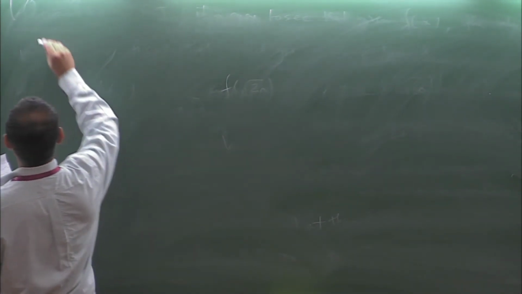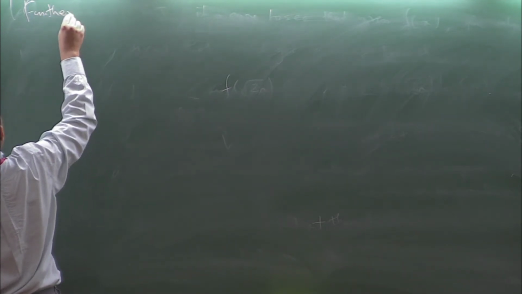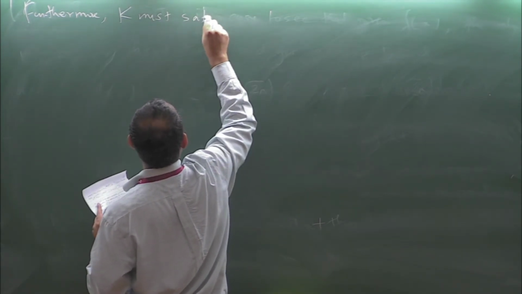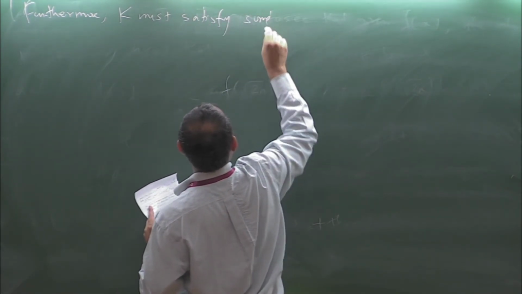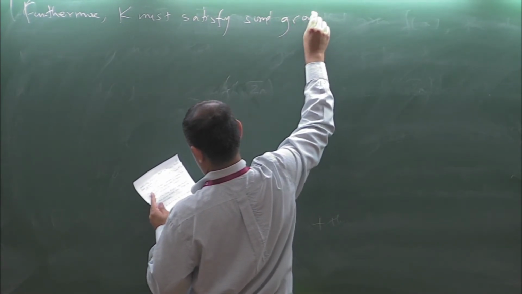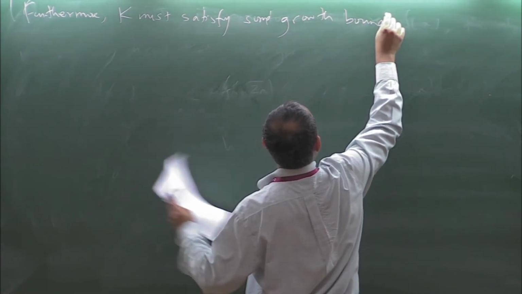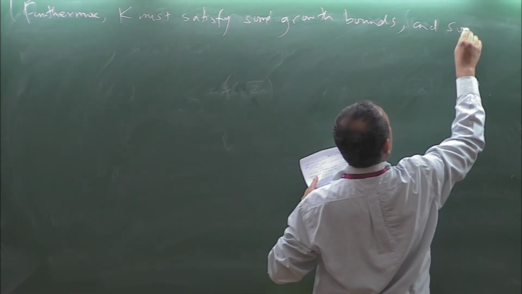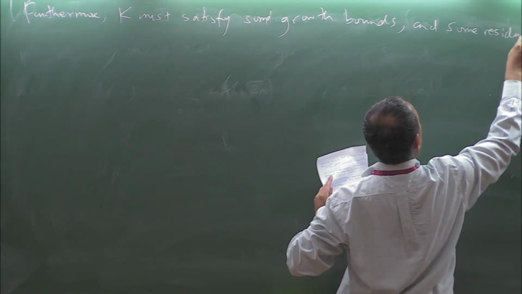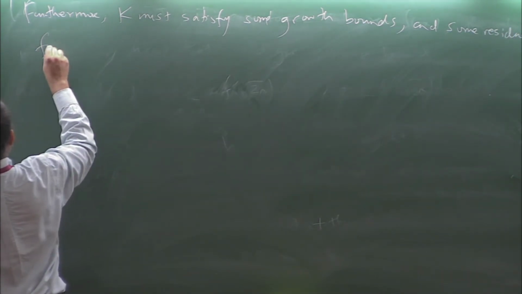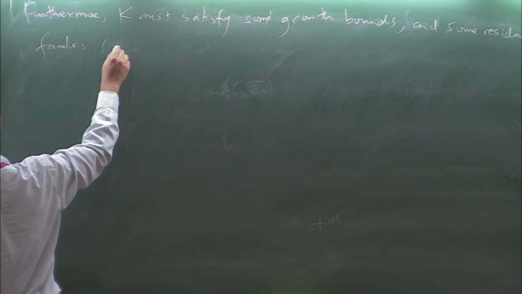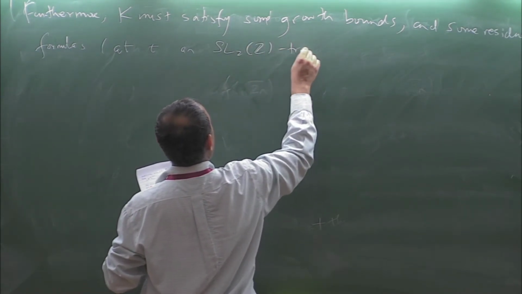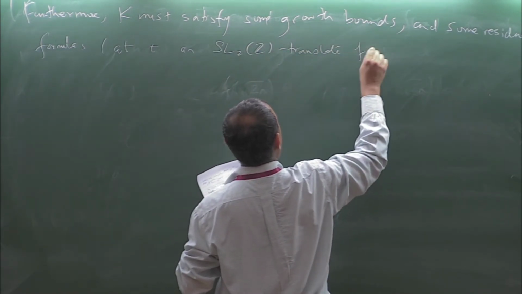Furthermore, k must satisfy some growth bounds in order to have a reasonable integral, and also some residue formulas at tau and SL2Z translates of z.